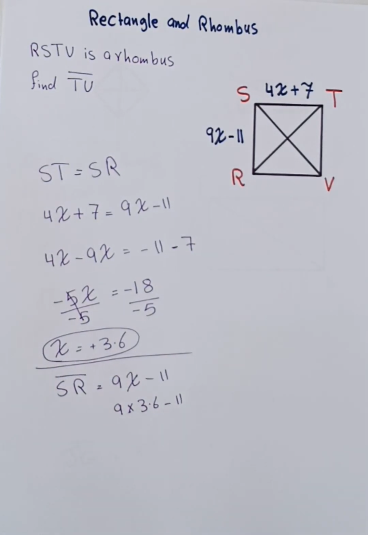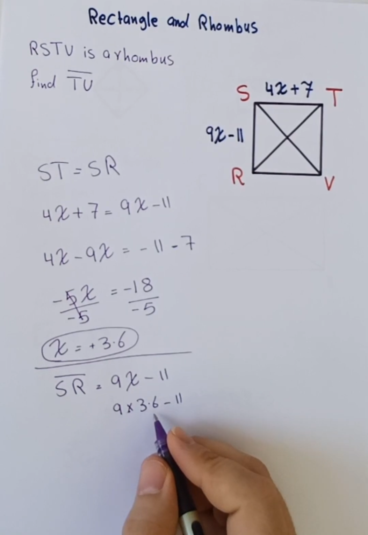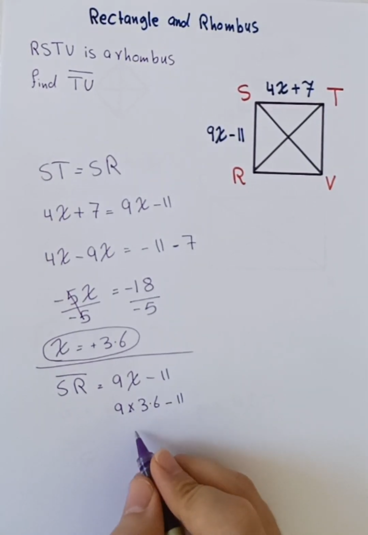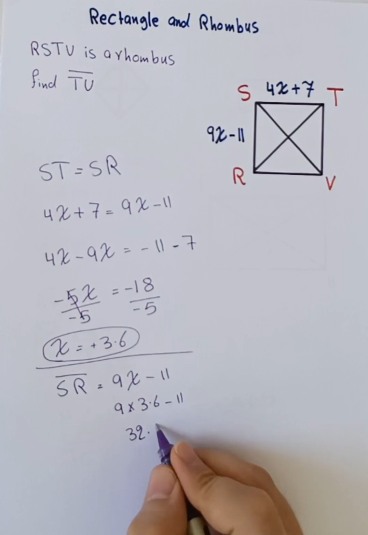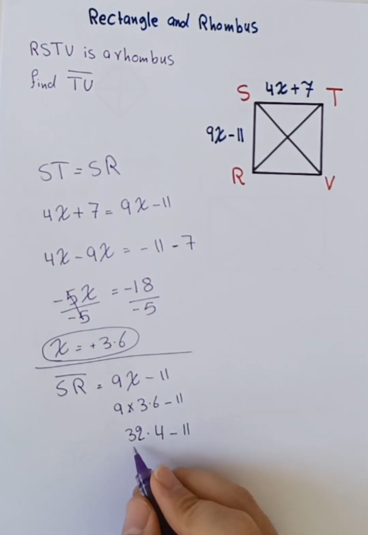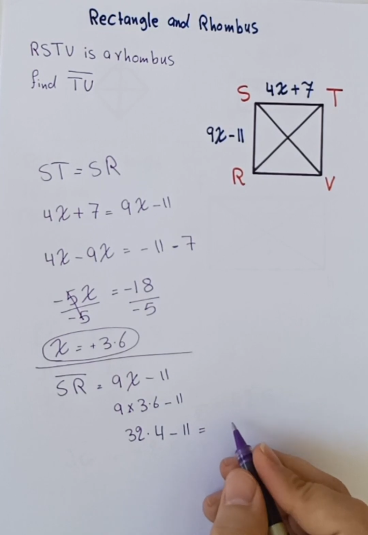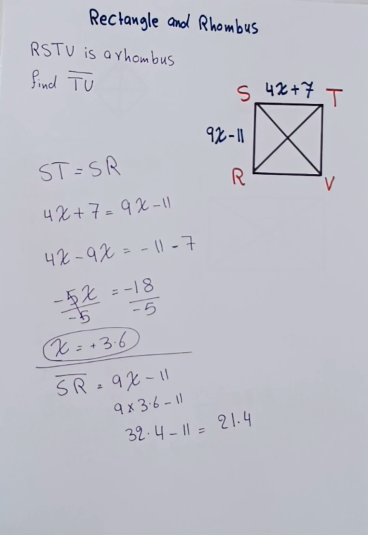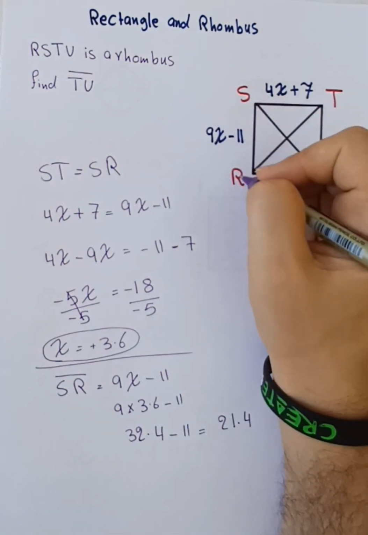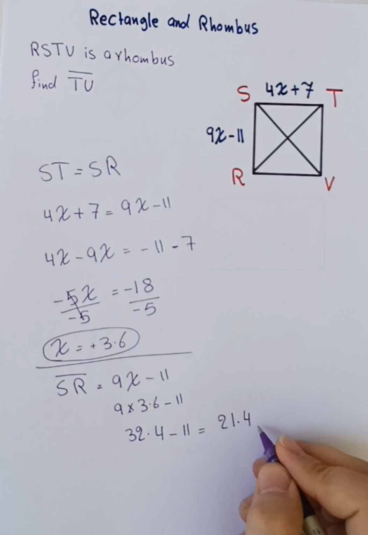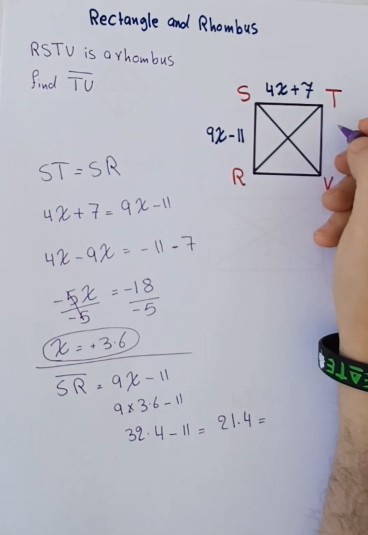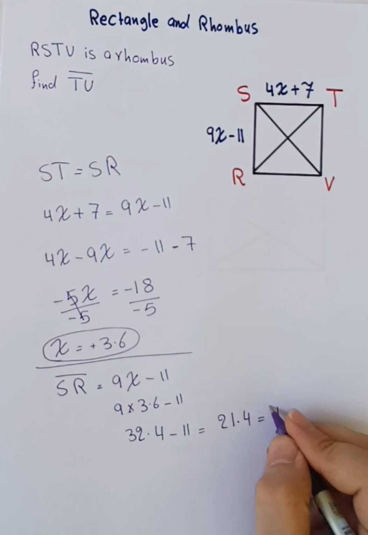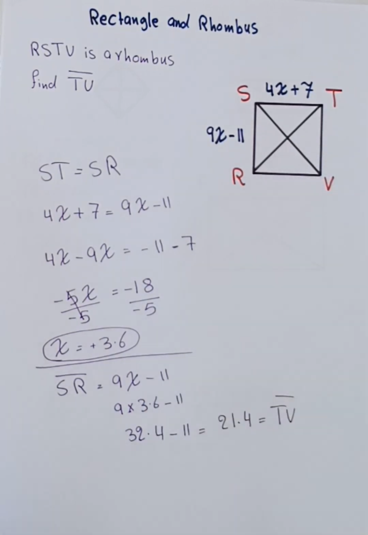So 9 times 3.6 is equal to 32.4 minus 11. 32.4 minus 11 equal to 21.4. So the length of the line segment SR equal to 21.4, and then equal to the length of TV, because this shape is a rhombus, and in a rhombus all sides are congruent.